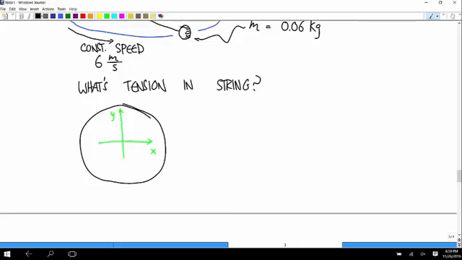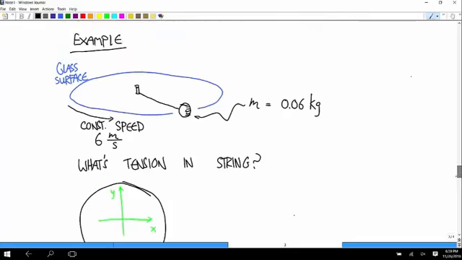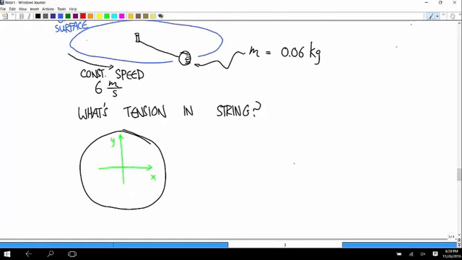And in this problem, it doesn't say anything about where on the circle we're supposed to do this calculation. So we get to choose, and the answer would be the same no matter where. So this time I'm going to choose down here.